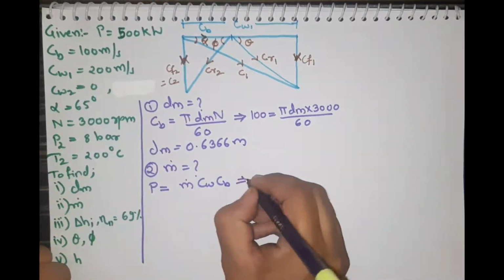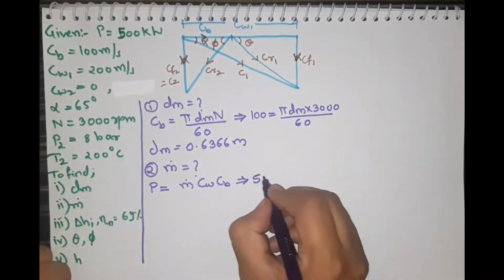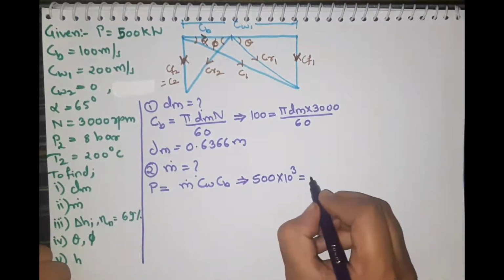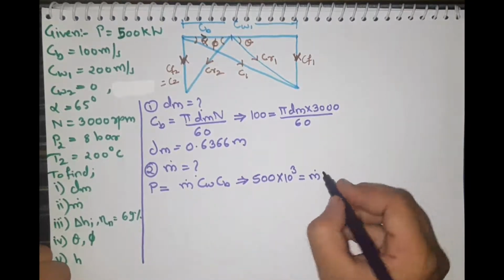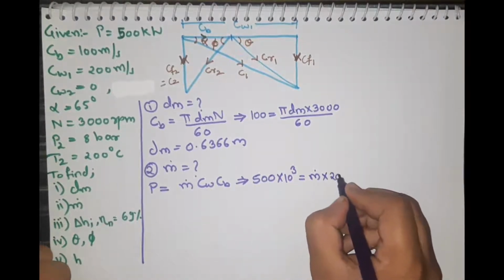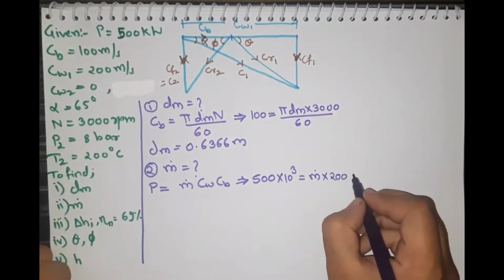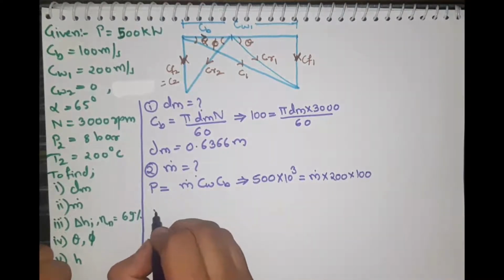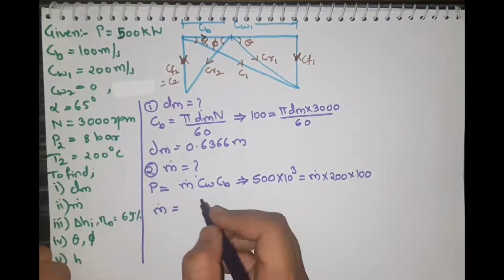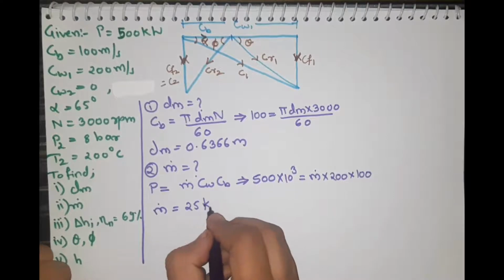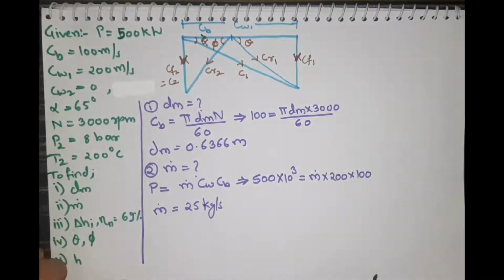So we can put the values over here, that is 500 into 10 raised to 3 is equal to m dot, Cw is equal to 200 into 100. So from here we will get m dot equal to 25 kg per second.